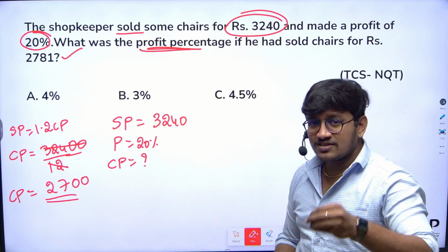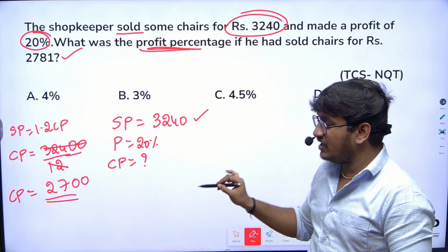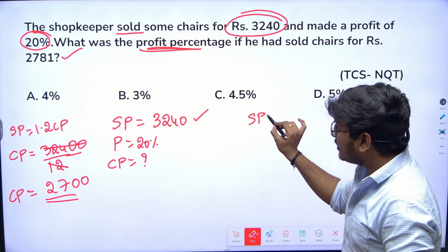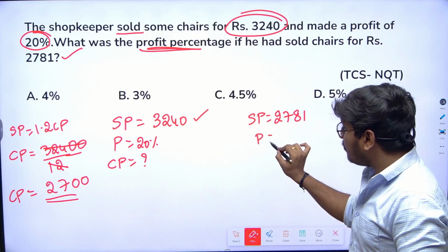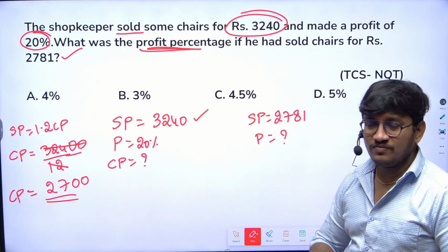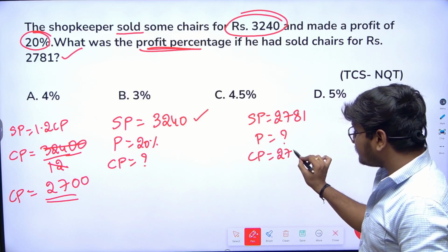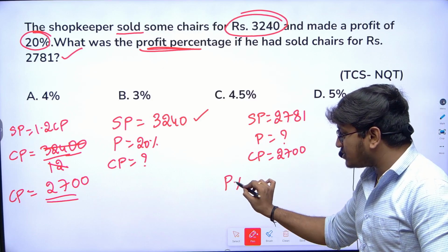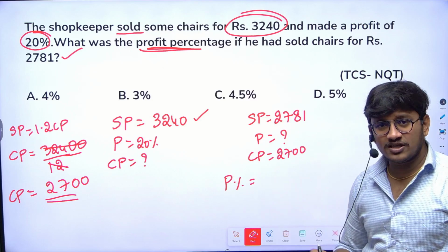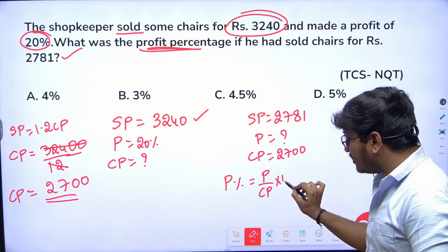They're asking what if, instead of selling for 3240, he had sold for 2781, what would the profit percentage be. We already know the cost price is 2700. To find the profit percentage, we already know the formula: profit by cost price into 100. Very simple logic.